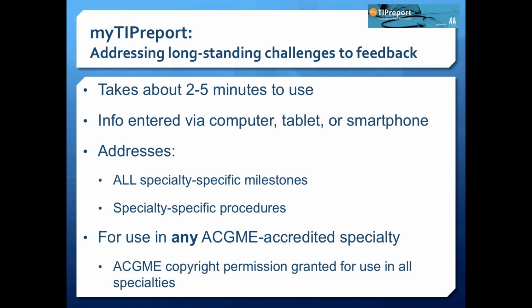Feedback using the program takes roughly 2 to 5 minutes to complete. Information is entered via computer, tablet, or smartphone. My TIP report addresses all specialty-specific milestones as well as specialty-specific procedures. The program can be used in any ACGME accredited specialty with ACGME copyright permission granted to use all specialty milestone sets.